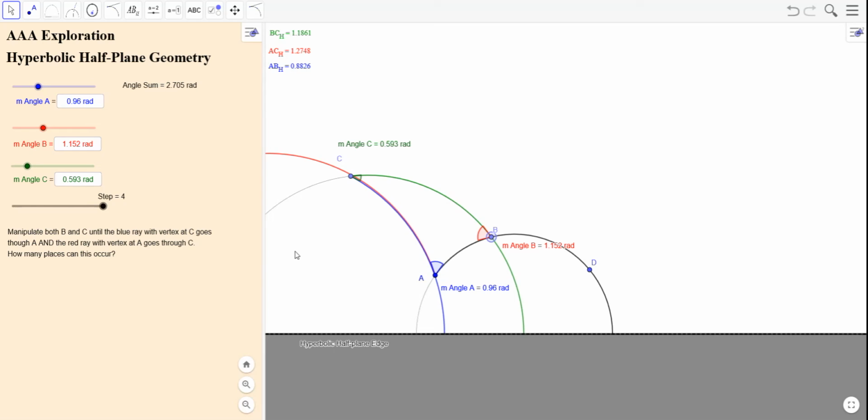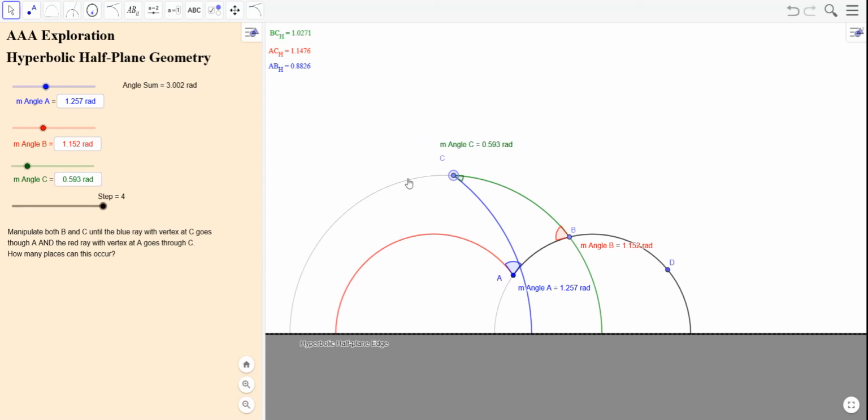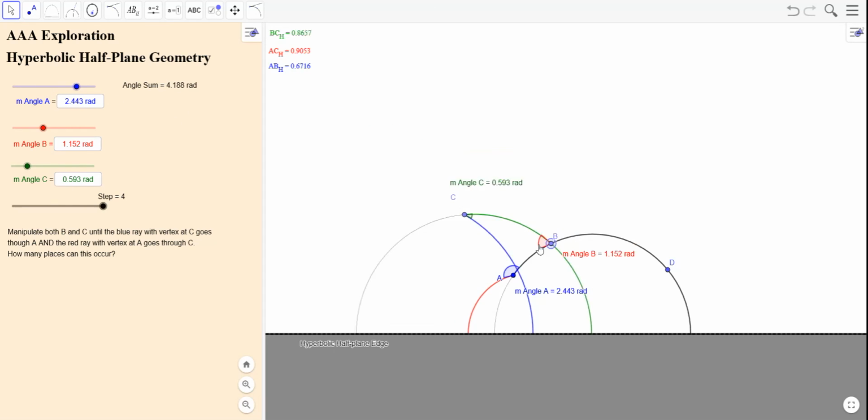But if you've got all three angles congruent, then in fact you do get one congruence class, and all those triangles are congruent. You can get this where it's not possible, and of course it's the same condition we always have had. If these add up to be more than pi radians, there's not even going to be a possibility for this ray and that one to meet, no matter where B is.